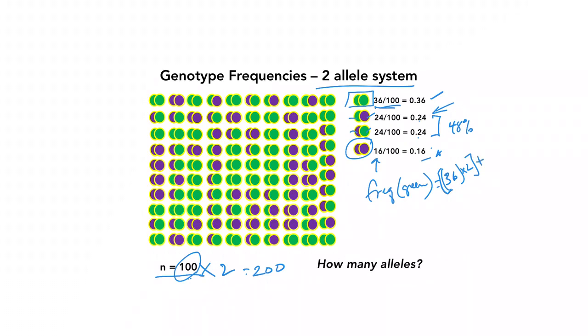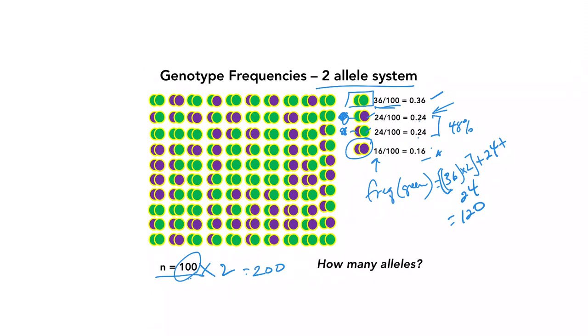Then we've got 24 individuals that have a green allele from this class of heterozygote. And then we have another 24 that have the green allele in this class of heterozygote. So that should give us a total of 120 green alleles in this population.